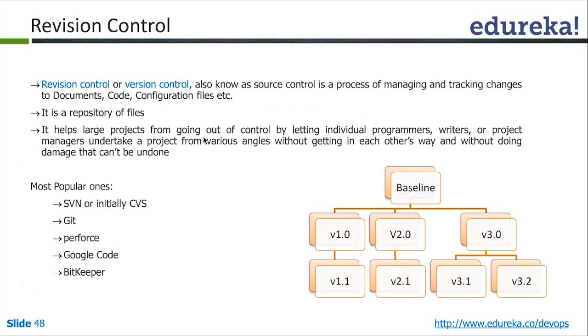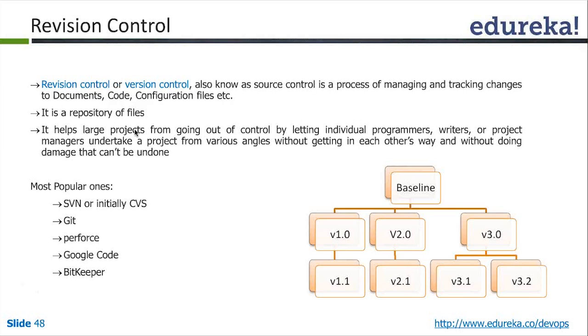It could be a configuration file, or even the spec file of your RPM. So ideally we will have two different bases, one for your code, one for your configuration management, which will have a separate instance of version control. And as we see today, Git is becoming the most popular of them all, but others are still in existence.